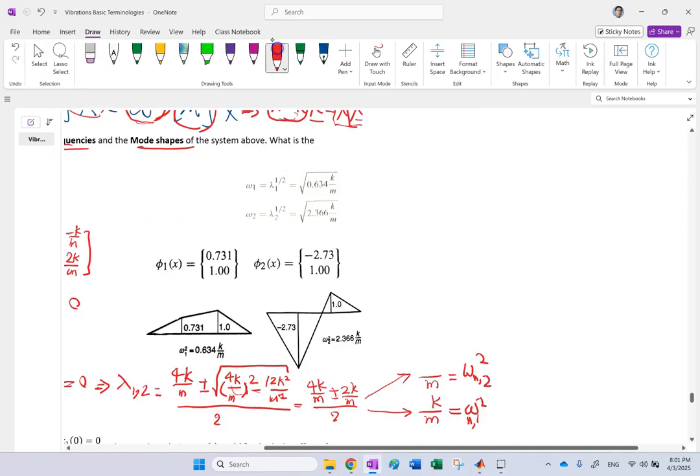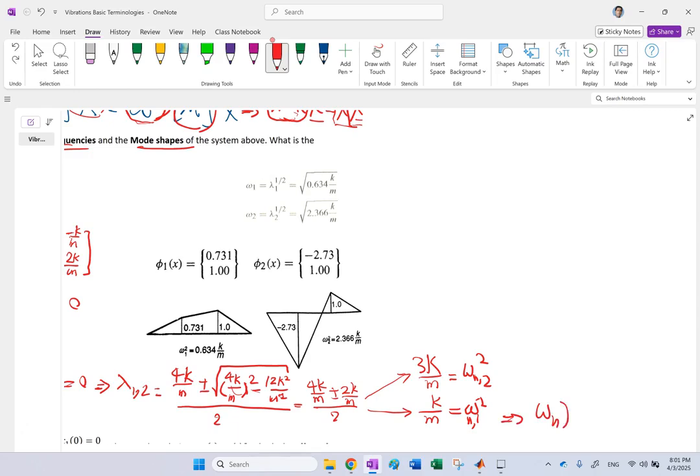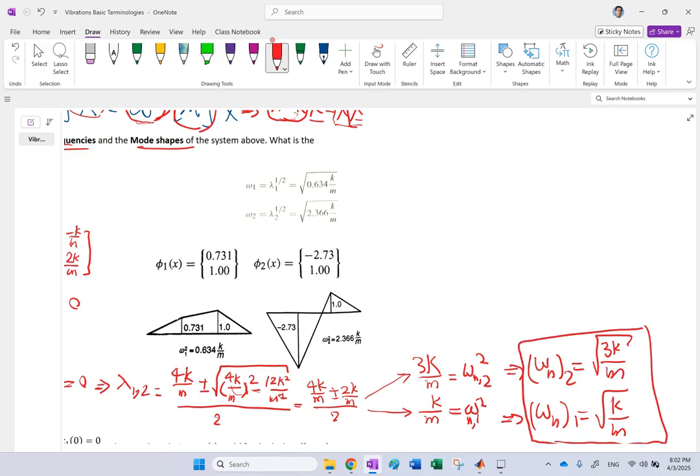I didn't divide by 2. So one of them is 3k over m, one of them is k over m. Therefore if you find your natural frequencies, omega n1 is going to be square root of k over m, and omega n2 is going to be basically square root of 3k over m. So these are the natural frequencies of this system.